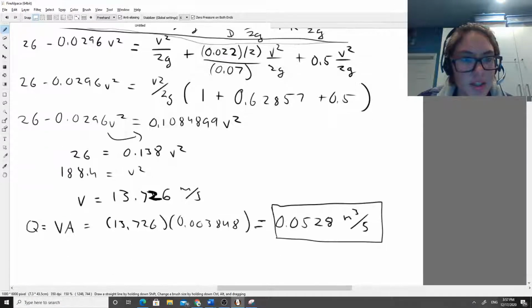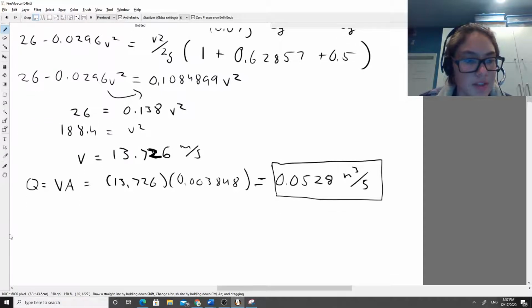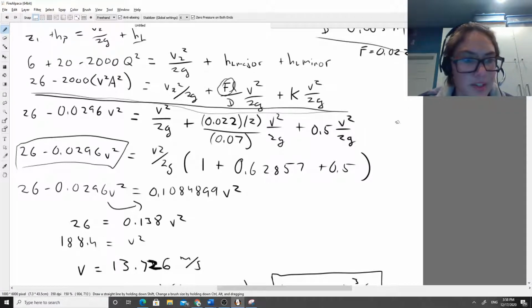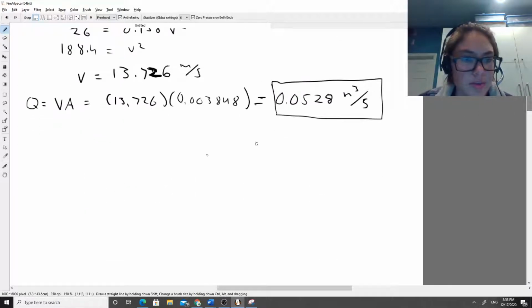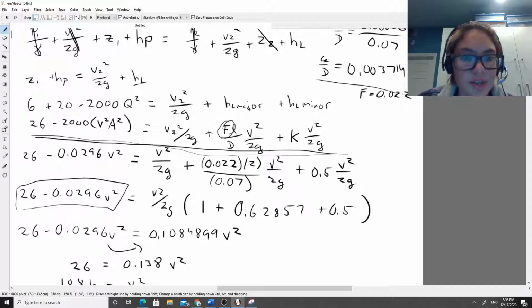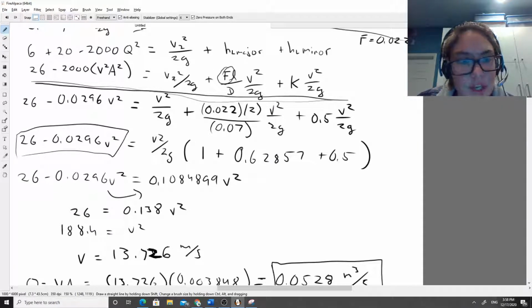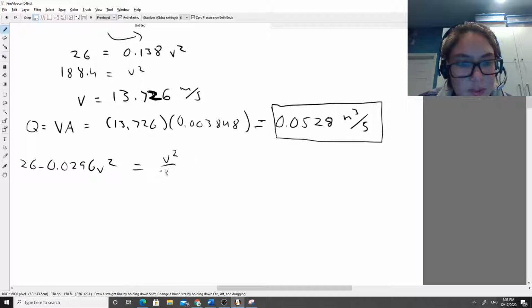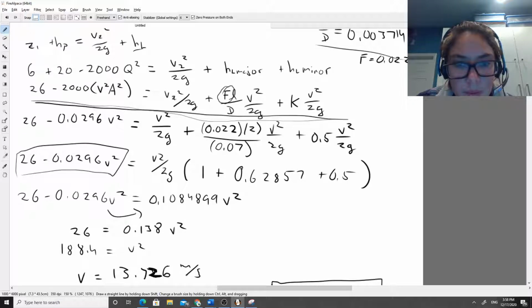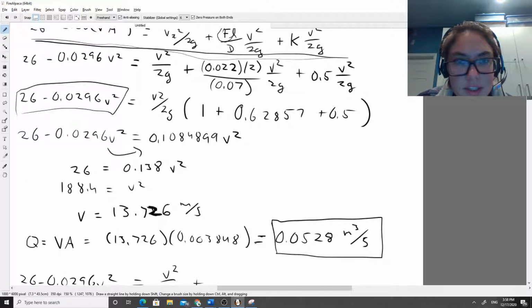So let's go ahead and plug numbers in. Let's just use the most simplified left version of this equation. So we'll say 26 minus 0.0296 v squared is equal to, and now the right-hand side of our equation, which is going to be v squared divided by 2g, plus, we'll leave f in. We'll say f is going to be times 2 divided by 0.07.